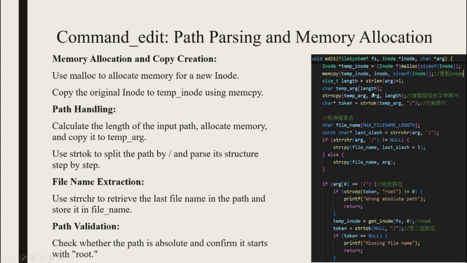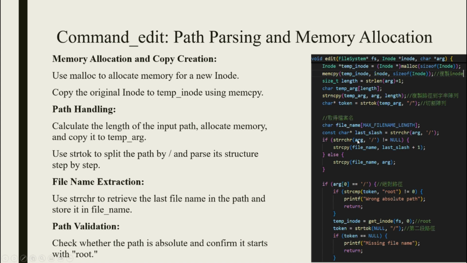To process the path structure step by step, strtok is used to split temp arg by slashes, extracting each directory or file name in the path. And strrchr is used to find the position of the last slash in arg.